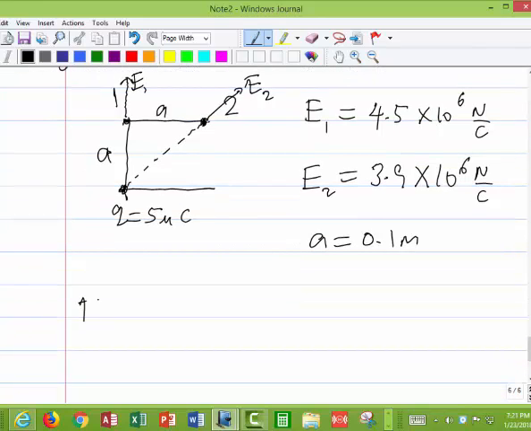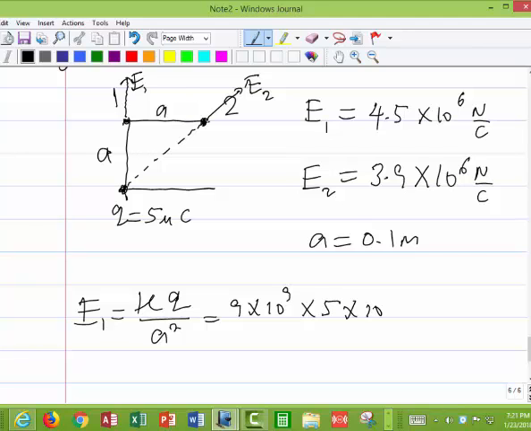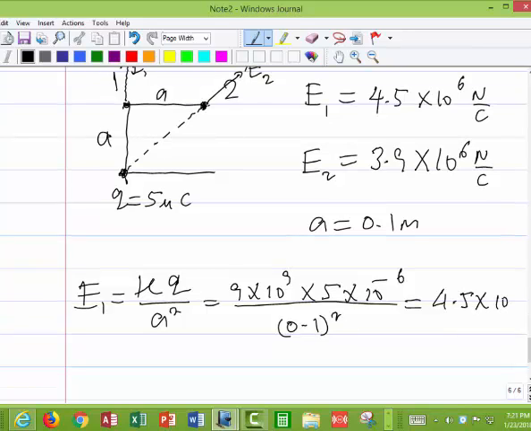So E1 is equal to kQ over the distance A squared. So k is 9 times 10 to the power 9 times 5 times 10 to the negative 6 divided by A, which is 0.1, squared. And what does that give us? Times 10 to the 6 newtons per coulomb, 4.5 times 10 to the power 6.